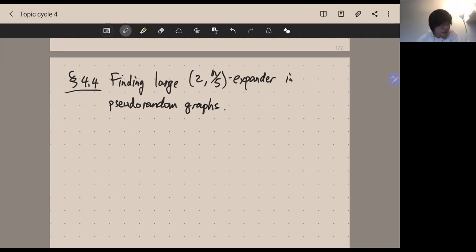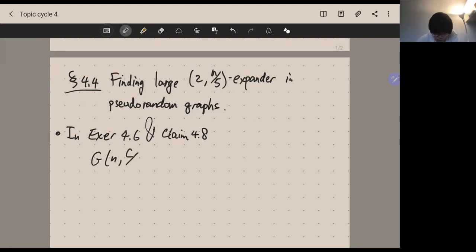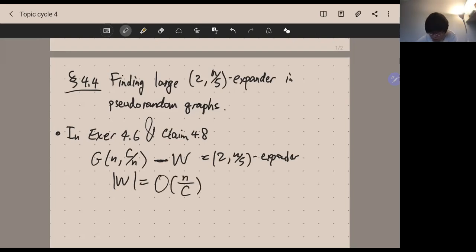Let me remind you that in exercise 4.6 and claim 4.8, we have in G(n, c/n), in this random graph with a linear number of edges, we can make it into a 2n/5 expander by removing W of size at most m, where the m there is something linear in n with the coefficient reciprocal to c.